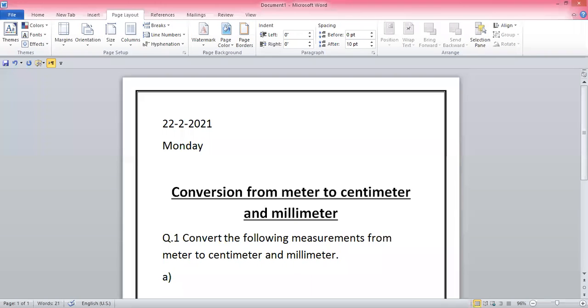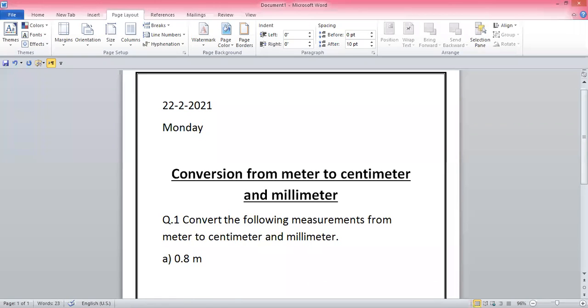A. A is 0.8 meter, or we'll take 2 meter, let's suppose first. 2 meters.